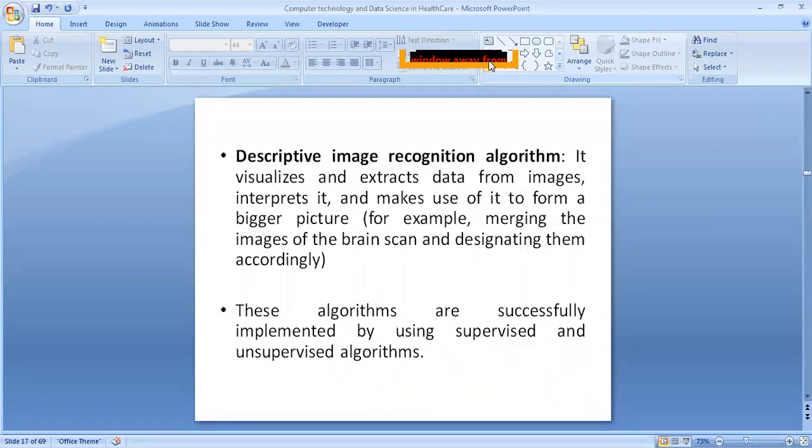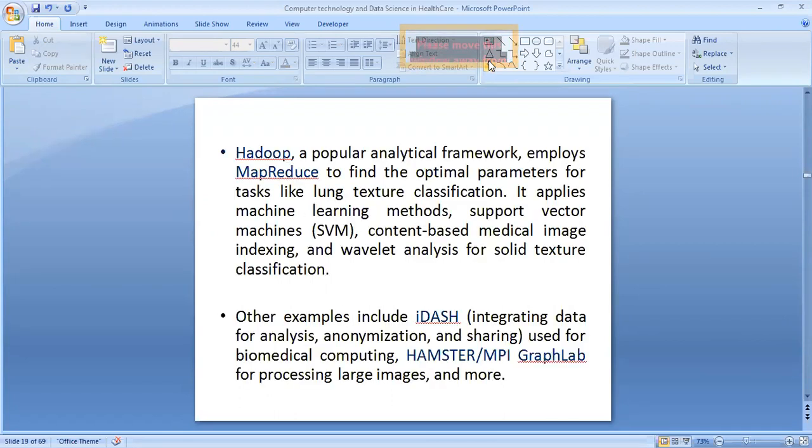If you want to take alone the particular portion that we want to look into, that alone is extracted and further processing techniques are applied. With the help of artificial neural networks, using supervised and unsupervised algorithms, we are able to achieve all these things. The most popular analytical framework, which is frequently applied, is Hadoop using the MapReduce algorithm.